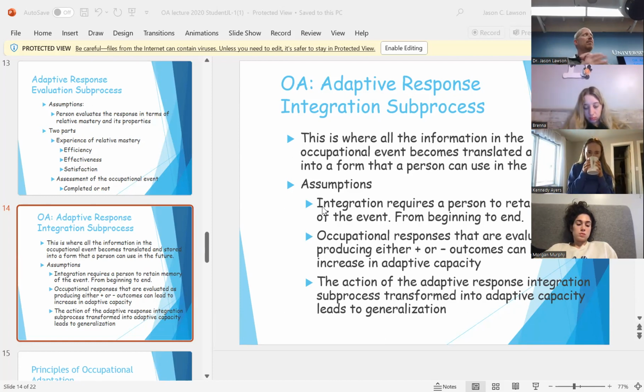So even if our client feels like they're failing, or they have a bad day or a bad session, you can still take that and learn from it and apply that to the next time. The action of the adaptive response integration sub-process is transformed into an adaptive capacity, and that should lead to generalization. So I'm talking about generalization of skill, right? Can you use that skill in the future in other scenarios?